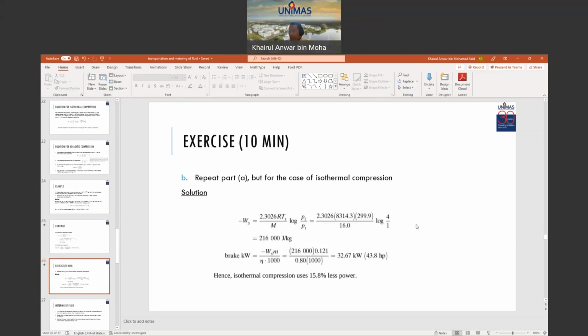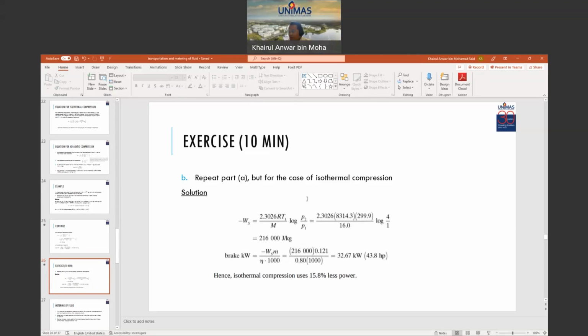Repeat part A, but for the case of isothermal compression; the previous one was adiabatic compression. For isothermal compression, we use this equation: mechanical energy equals 2.3026 RT1 over M log P2 over P1.